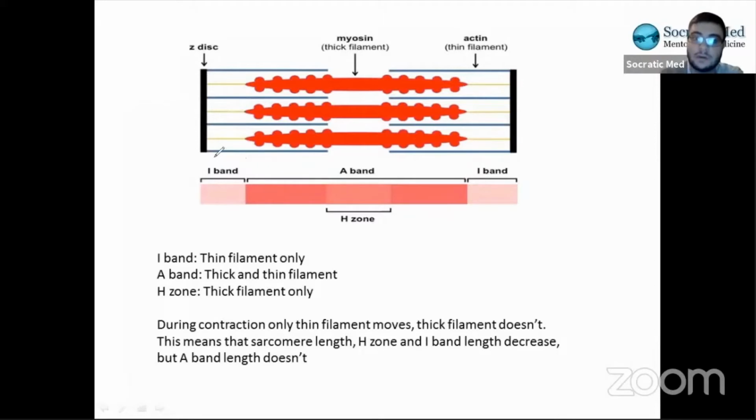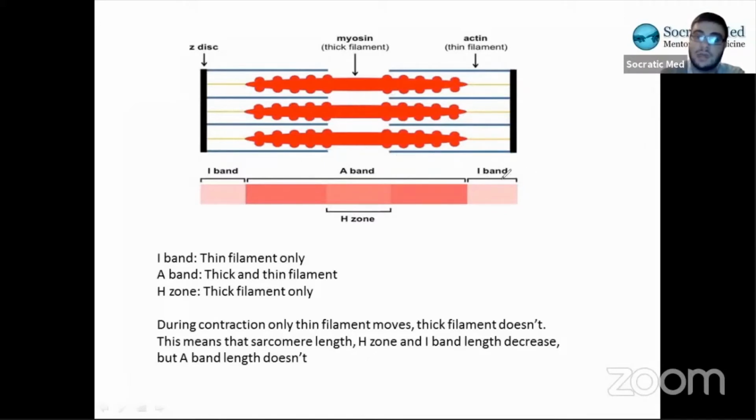So the thin filament, the blue, is going this way and this way. If this moves closer to here and this moves closer to here, the H zone will only be this small part that hasn't been reached yet. The H zone will have gone from this size to this size, so it would have shrunk.